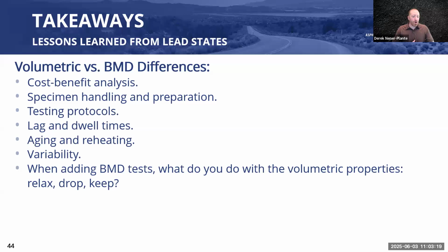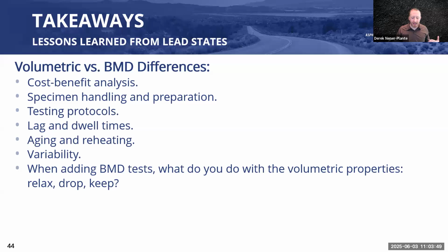All right. And then when you're adding these tests, what do you do with volumetric properties? Relax, drop, keep? A lot of the work is there now. We talked about the need for maybe something along the lines of measures for consistency somewhere, because even in those examples Tim gave, the BMD testing has not been able to be done as often as the testing that we have now. And that's a concern for risk, right? Based upon sublot size, how often you're getting a test, how much material is that one test representing?